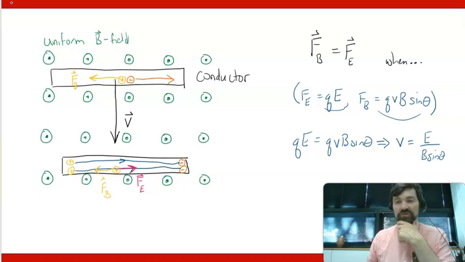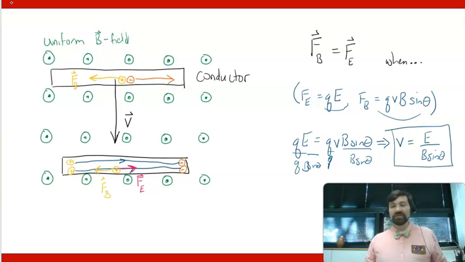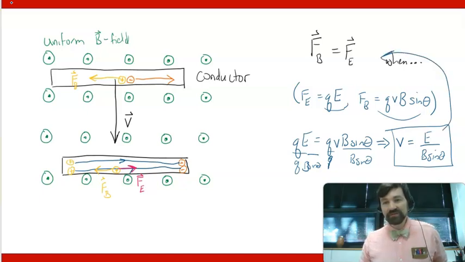There are q's on both sides, so if I divide out a q from both sides, the q's will cancel, and I'm dividing out a B sine theta from both sides. And that gets me this equation right here. So when this is true, this right here reaches a true point.